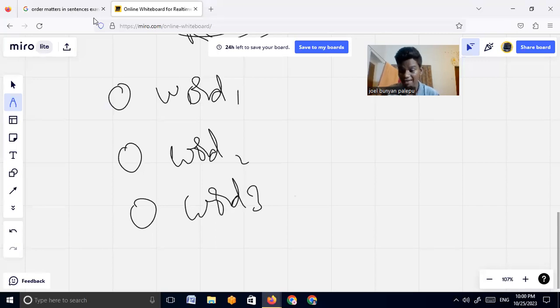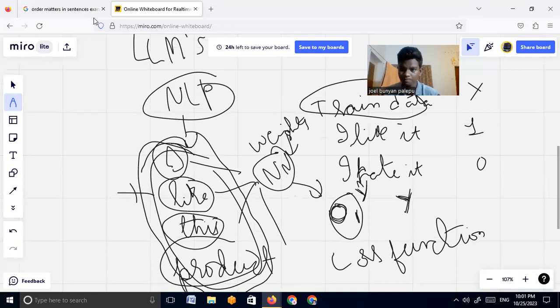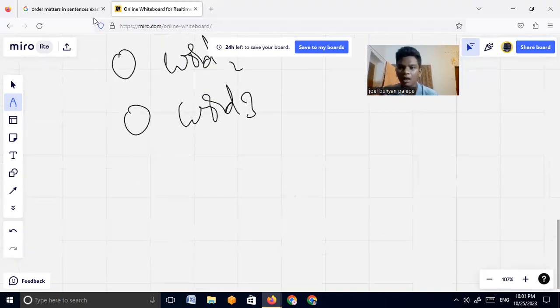So basically, in an LLM, I want to revise again. Sentiment analysis is an NLP problem. The only difference between NLP and LLMs is that in LLMs, the main goal is to predict the next word.